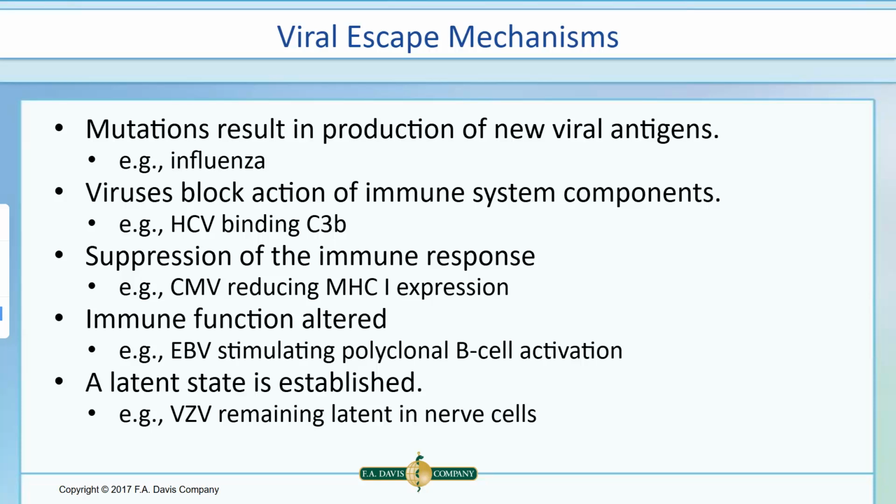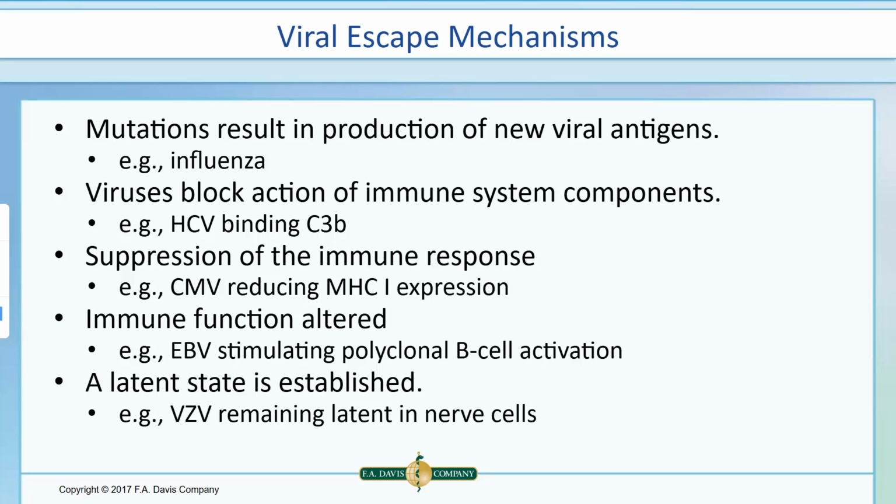So once the virus gets into your cells, it gets broken apart and held up to your immune system by MHC class I. And then your helper T cells and cytotoxic T cells will come and recognize that and be like, oh, this cell is infected, we should kill it. Cytomegalovirus reduces MHC expression in your cells.